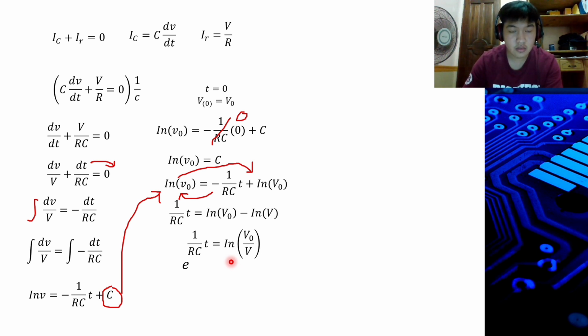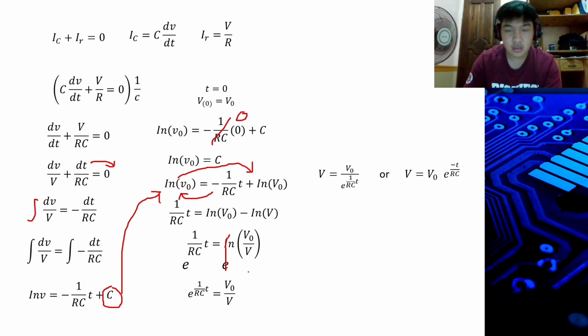If we make this an exponent with base e, the ln cancels and we are left with e raised to t over RC is equal to V naught over V, and this will be the answer.